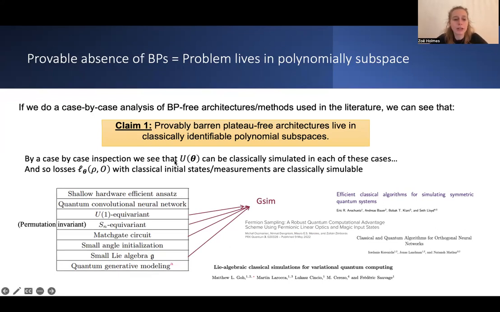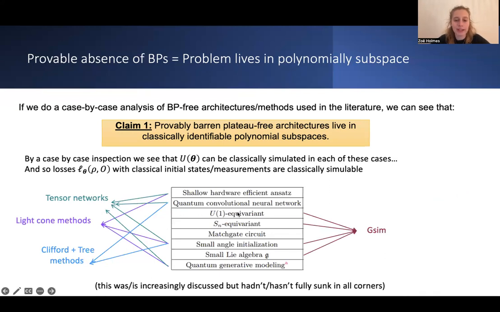For example, take the U(N) equivariant case, where you've got particle number conserving gates. In that case, you project your initial state down onto your low Hamming weight subspace, and then you project all of your gates that preserve particle number down onto that subspace, and you can do your entire simulation within that subspace. It's a similar idea for these other ones here, but based in different symmetry subspaces according to exactly what symmetry they're using.